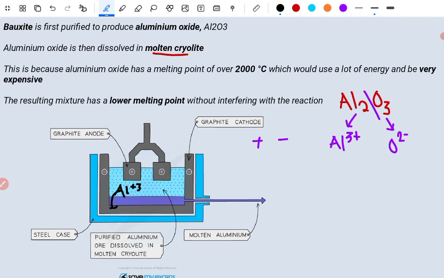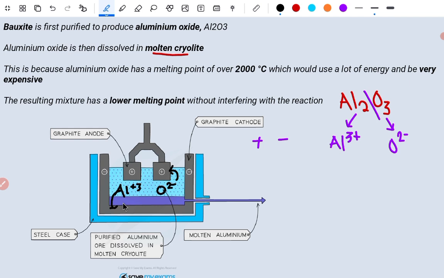And then the oxide ions, O2-, will get attracted to the positively charged anode. Remember the laws of attraction: a negative attracts a positive, and a positive attracts a negative. So this is what will happen.